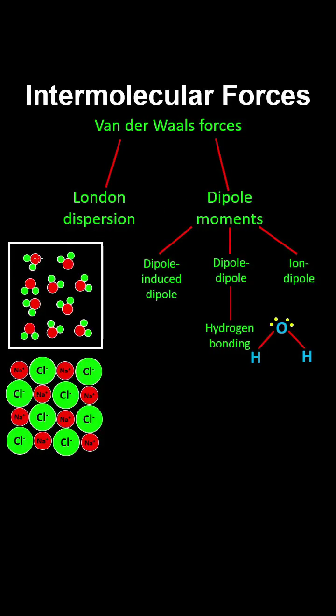Intermolecular forces are interactions between molecules in a covalently bonded structure, and these are broken apart when the structure changes phase, so for example from a liquid into a gas, whereas the interatomic forces remain intact in a phase change. And intermolecular forces are called van der Waals forces, or non-covalent interactions, as they're generally much weaker than forces in solid structures.